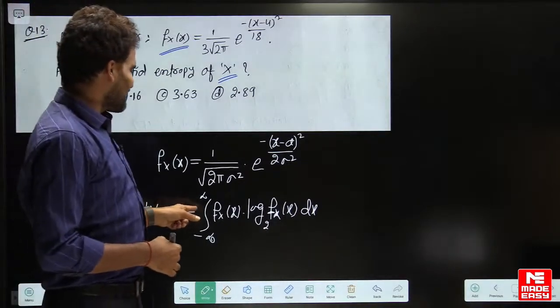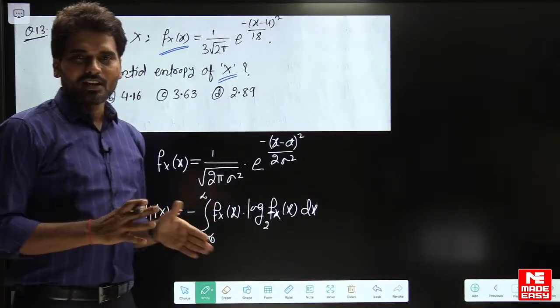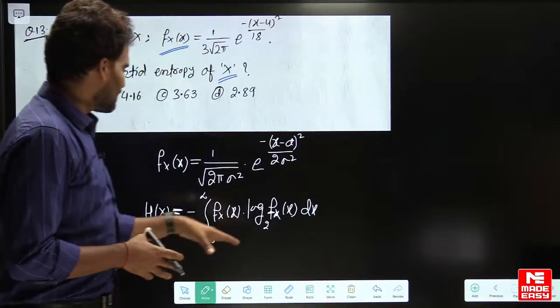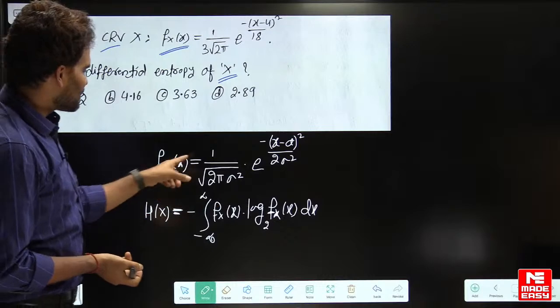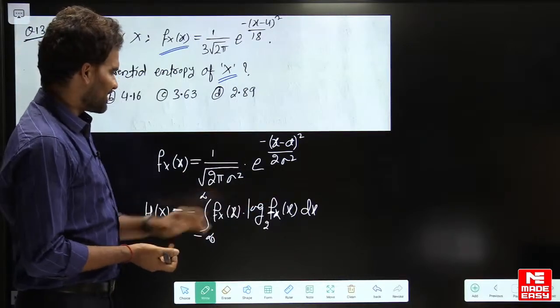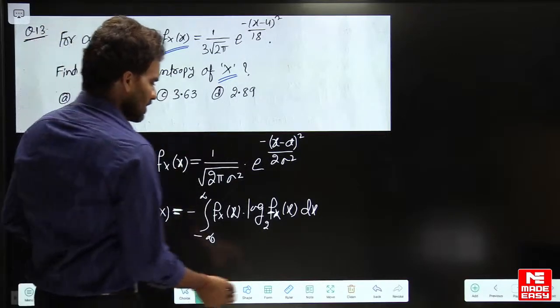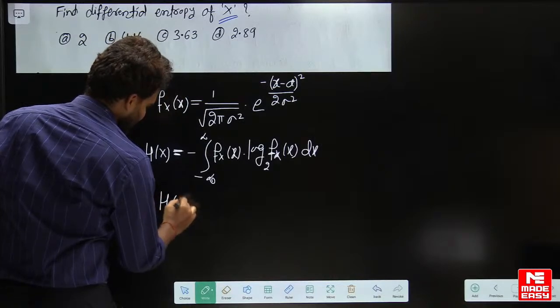If you don't want to write minus here, this is f_X(x) log 1 by f_X(x) dx. The entropy of a continuous random variable is called differential entropy. This is the formula, and if you substitute the Gaussian density function f_X(x) here and simplify, it is going to be like this.